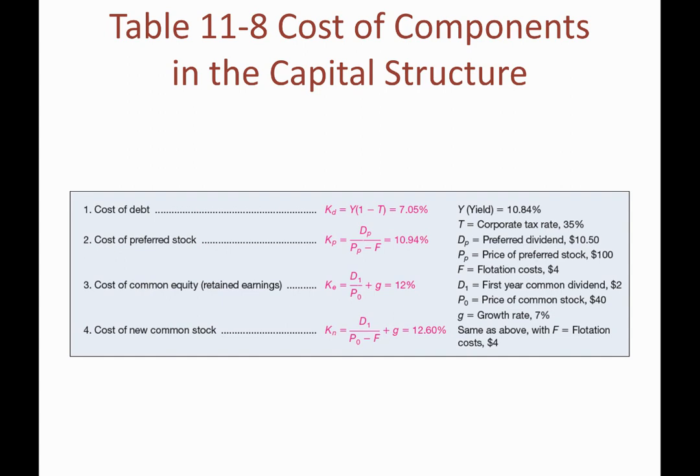That number is going to be very important to us, because later on in the future chapters, we're going to move into budgeting, where we have to make some financing decisions on a number of projects.